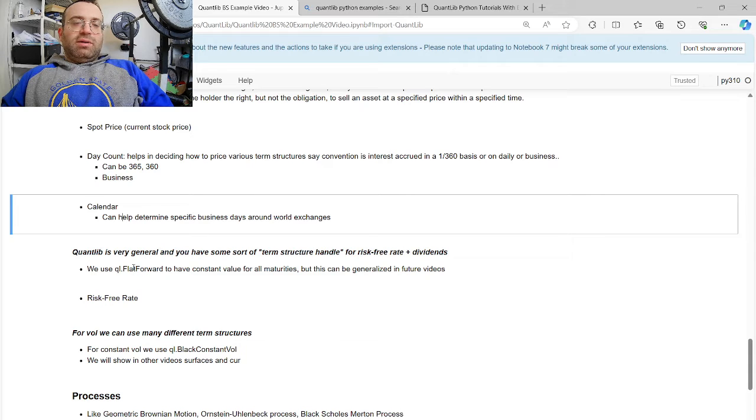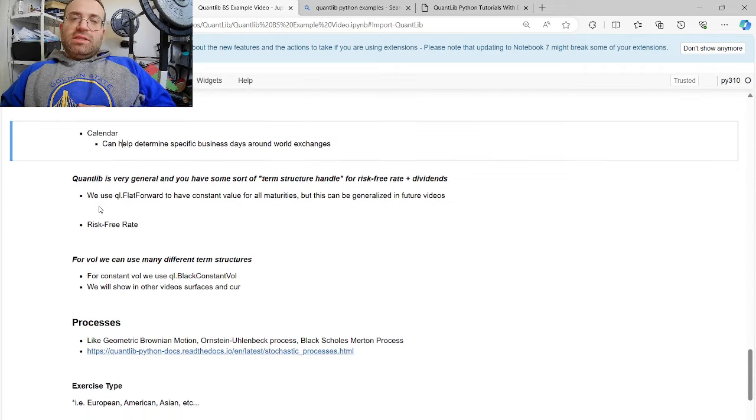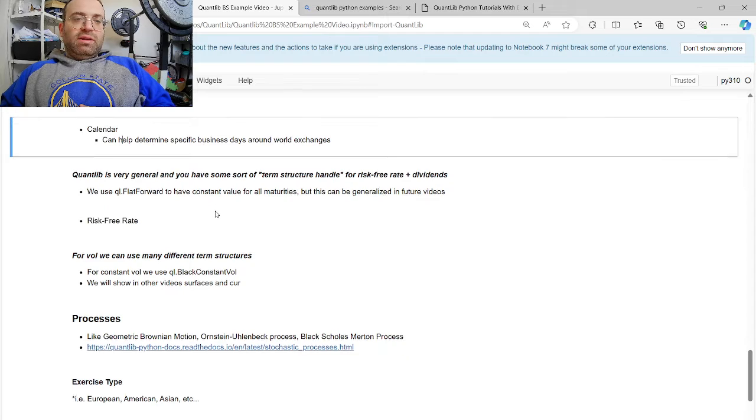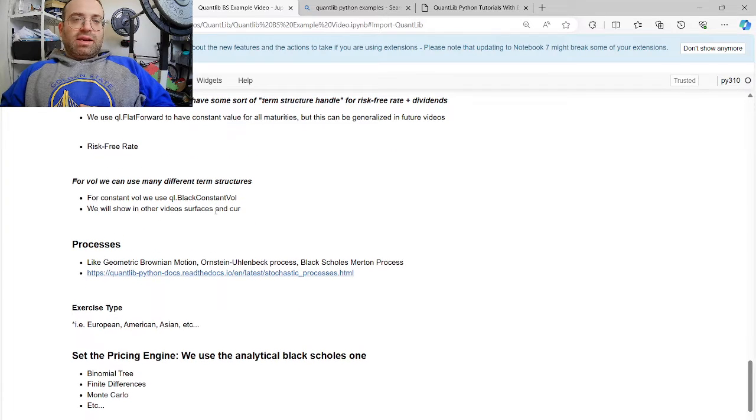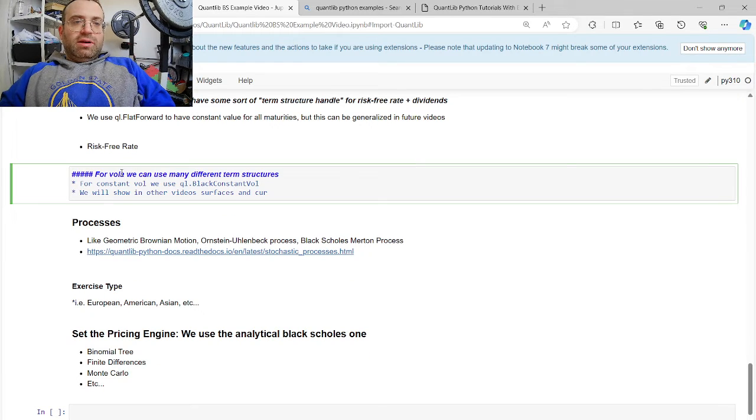Maybe it's more accurate on a per business day level for the volatility, but on a calendar day level for risk free. Okay, so I just want to say, of course, it's very general. You can have term structures for risk free rate and dividend, and I'll show you how to do that in a second. Same for volatility. Okay, so we'll fill in all these blanks now.